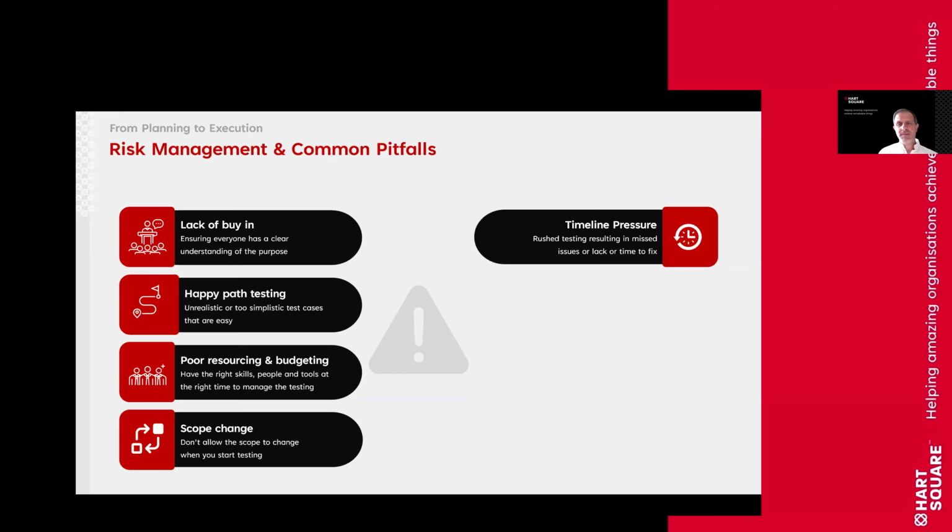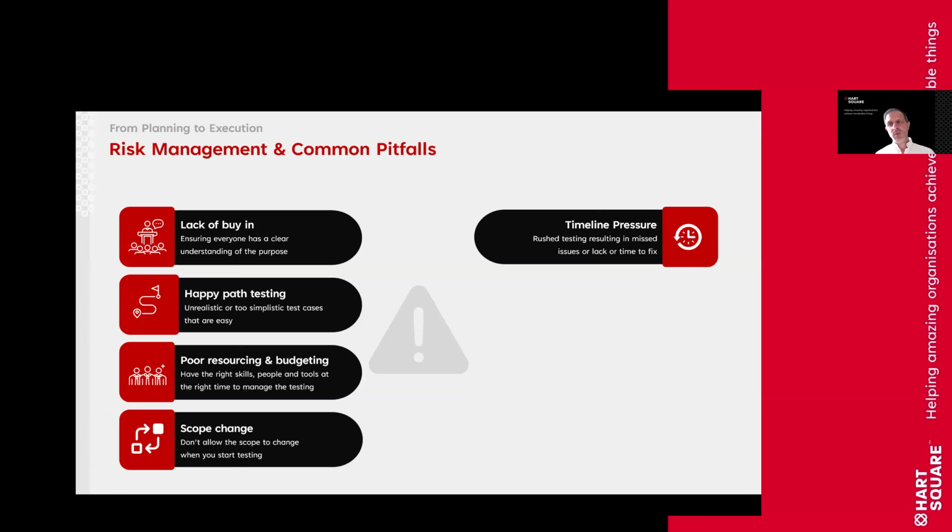Timeline pressures. Rushed testing results in missed issues or a lack of time to fix them. So I appreciate that projects usually, unfortunately, start with a deadline in mind. I do think that is probably one of the big issues that we find with projects where they're started with a deadline and then worked backwards. And I think that UAT is often the area that gets compressed.